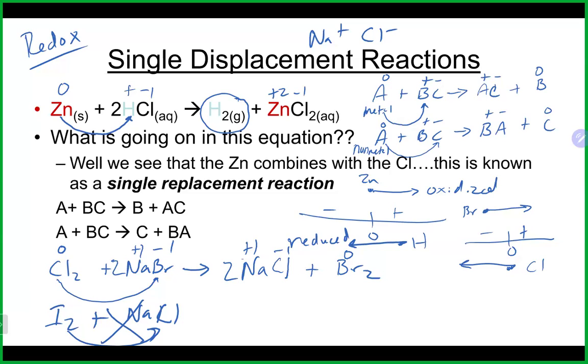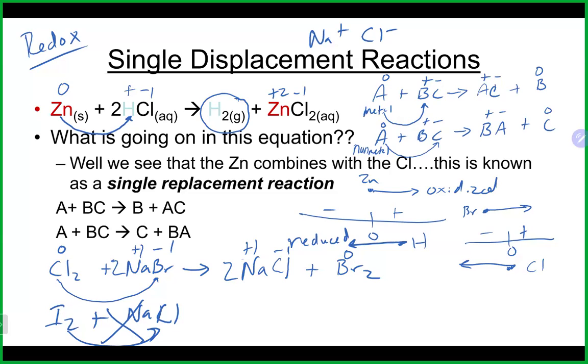For the halogens, which is group 7, reactivity actually increases as you go up. So anybody higher in that group 7 will replace somebody lower. So what I mean by that is chlorine is higher than bromine. So that reaction will take place. But iodine is lower than Cl, which means it's less reactive. It actually will not take place.